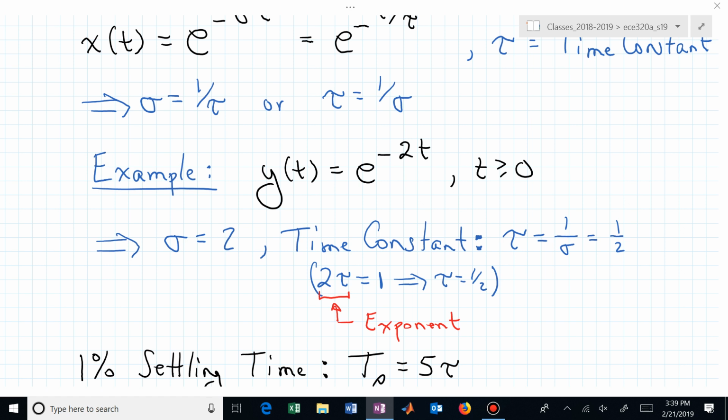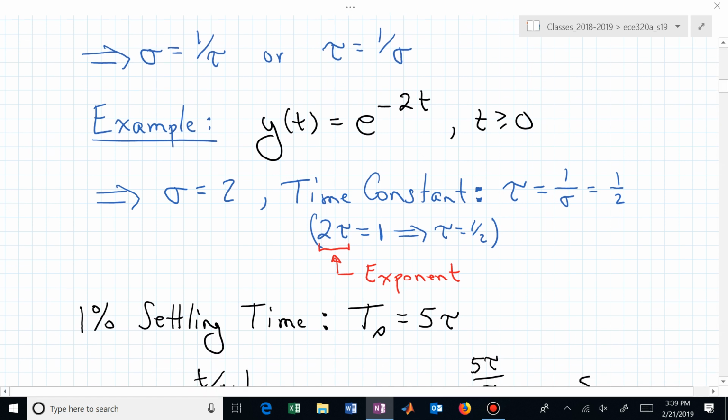That's another way of thinking about how to find the time constant. The time constant is the value of time t that allows that exponential piece, the 2t, to equal 1. That would be one time constant. In this case, for e to the minus 2t, we have a time constant of 1/2 of a second.